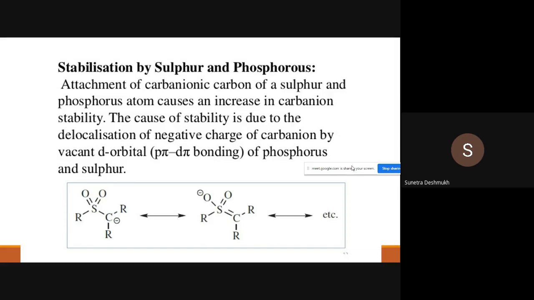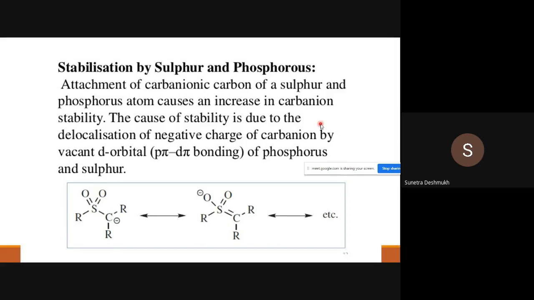So this is the fourth point, the stabilization of carbanion by heteroatoms like sulfur and phosphorus, which by using their vacant d orbitals, by p pi d pi bonding, can achieve more stability. This fourth point we have finished, which imparts stability to the carbanion.